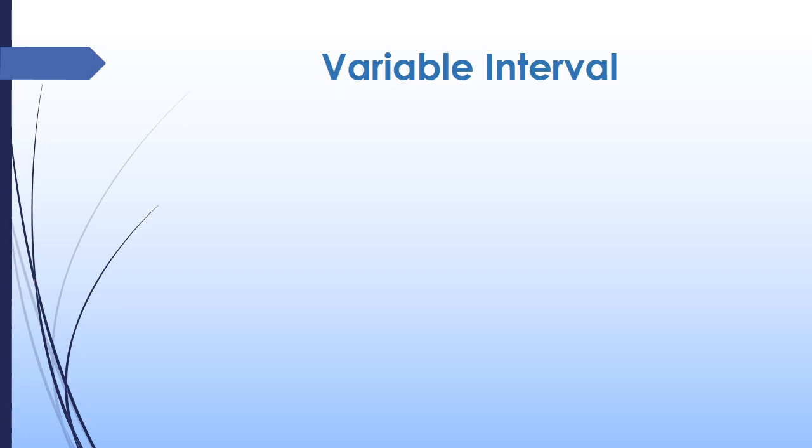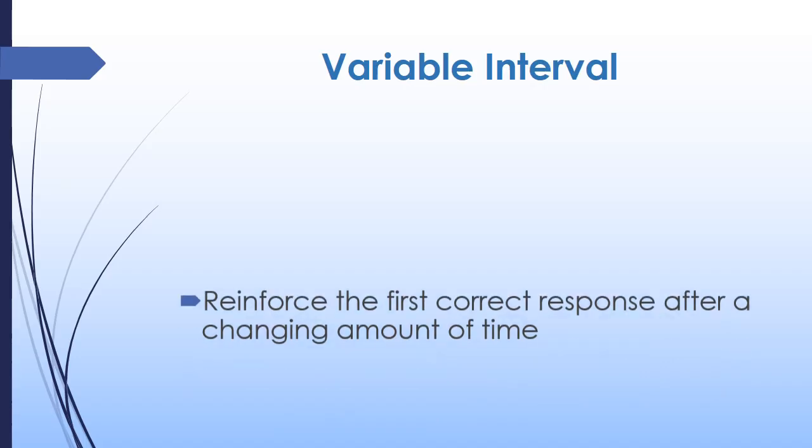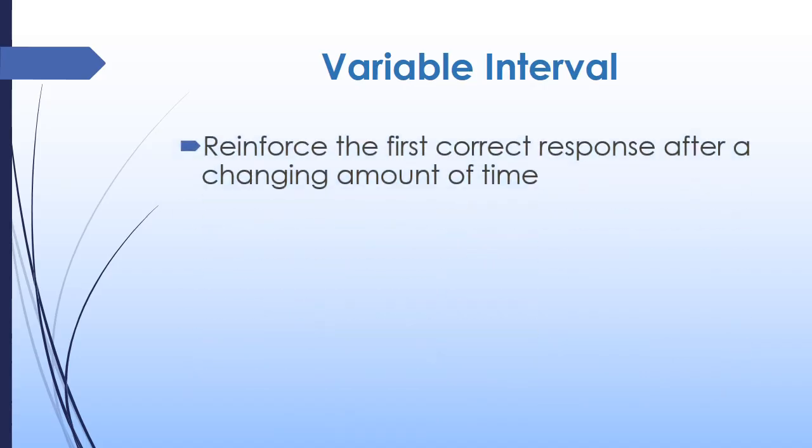Another partial schedule of reinforcement is variable interval, and that is where you reinforce the first correct response after a changing amount of time. So let's take that rat in the Skinner box. Got him on a continuous schedule, you're reinforcing every time he presses that lever, and then you switch to a variable interval.